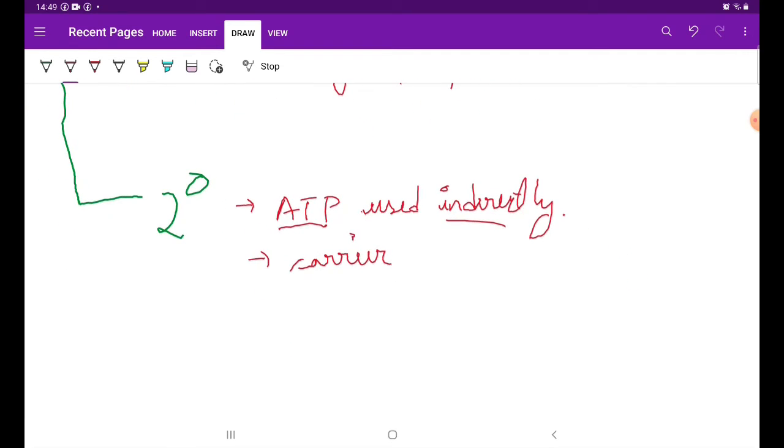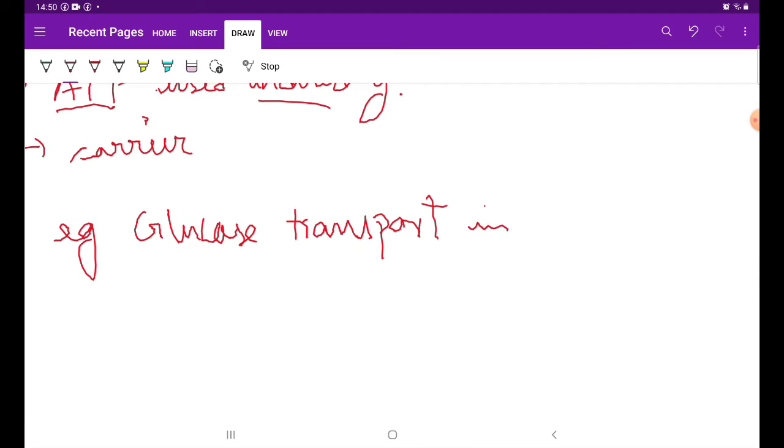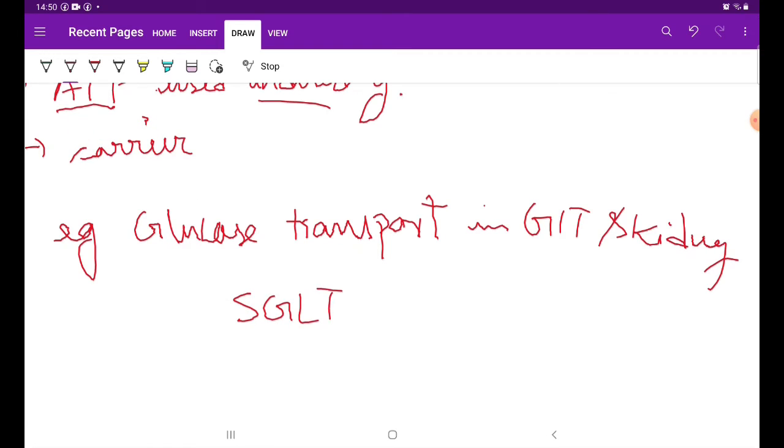The best example for secondary active transport, we discussed, is glucose transport in GIT and kidney, and it is done by SGLT, not GLUT.